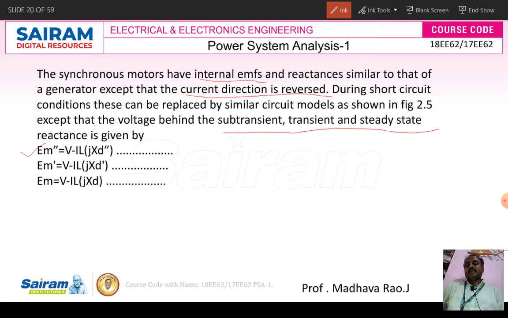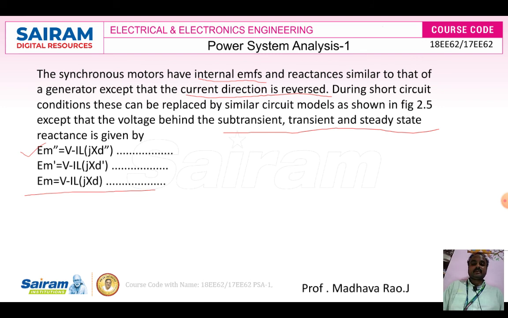Em double dash is equal to V minus IL j Xd double dash, Em dash is equal to V minus IL j Xd dash, and Em is equal to V minus IL j Xd.